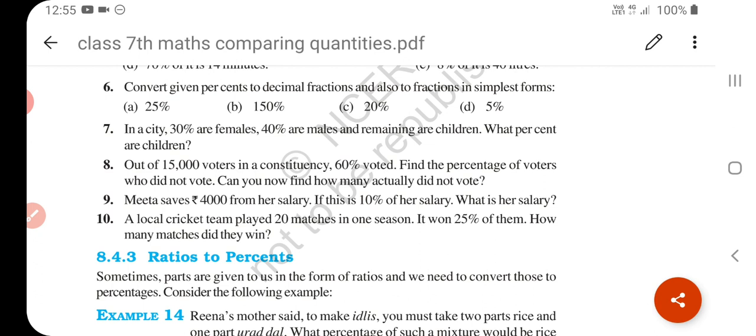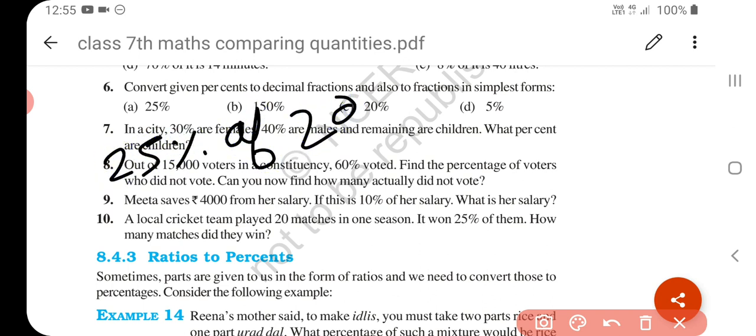Total number of matches played is 20. Part of matches won is 25%. So we have to find 25% of 20 matches.